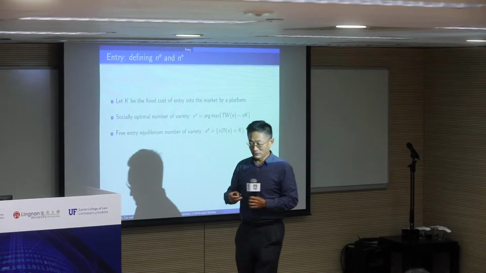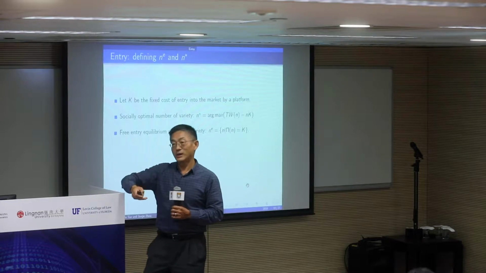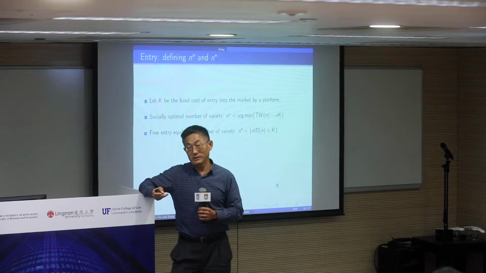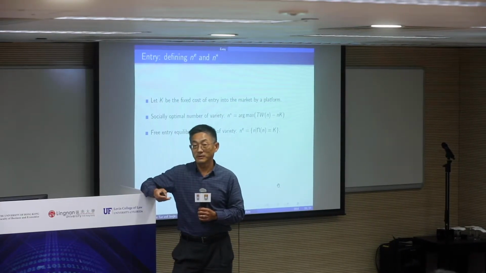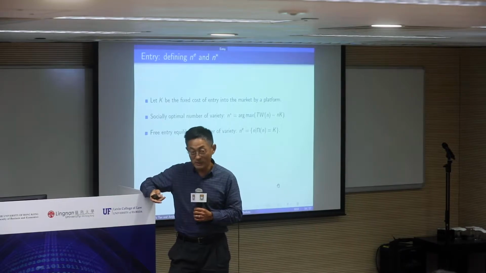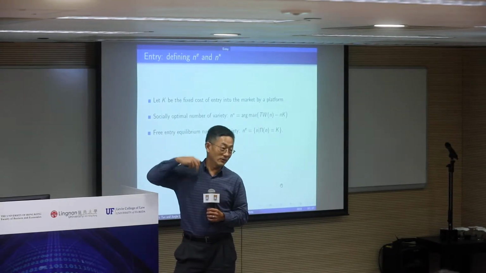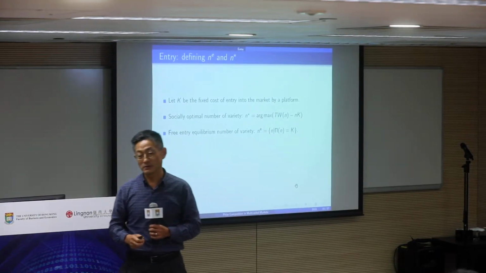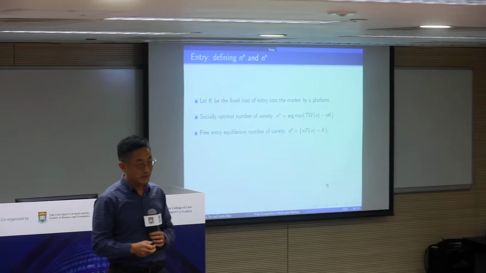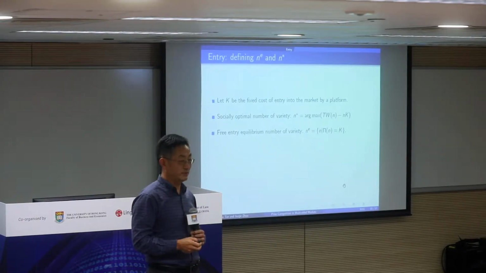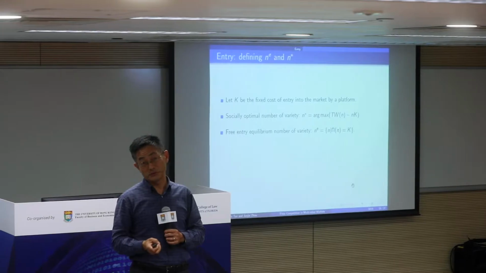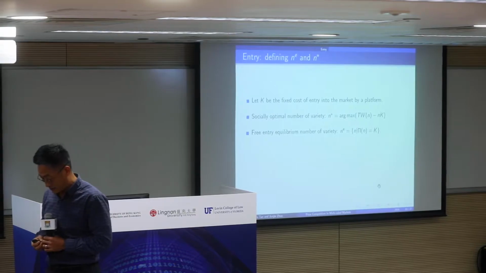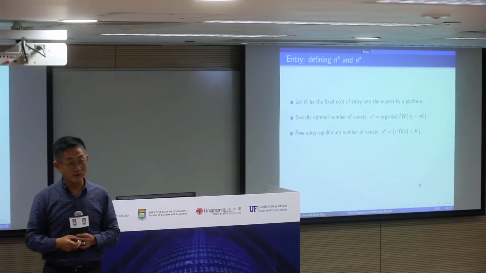And so a natural welfare question is, if we don't have any control, is free entry socially optimal? Are we seeing too many platforms or too few? So in our analysis, we provide sufficient conditions, and we also provide examples to illustrate, particularly in the platform markets, you might have insufficient entry as compared to socially optimal. So that is the one application, which is more theoretical in that sense.